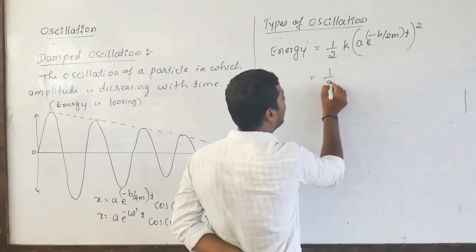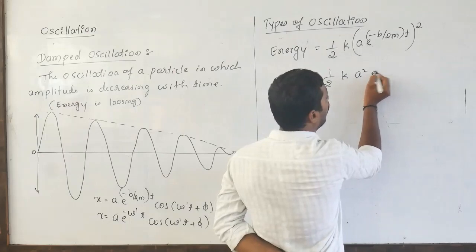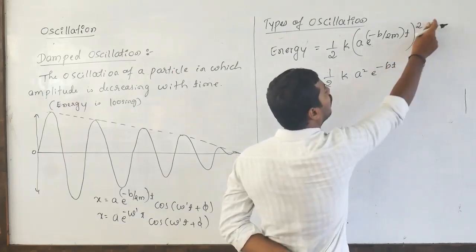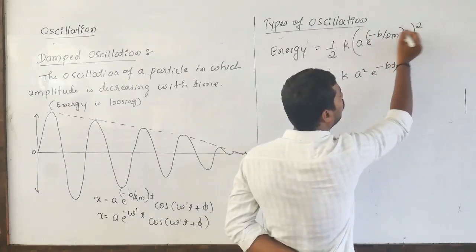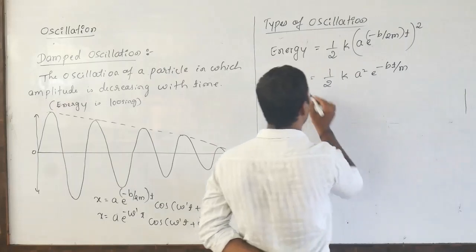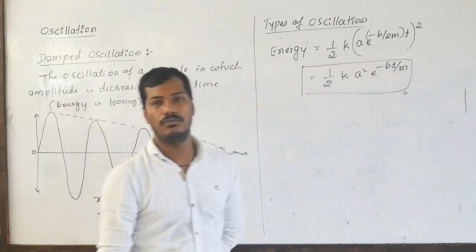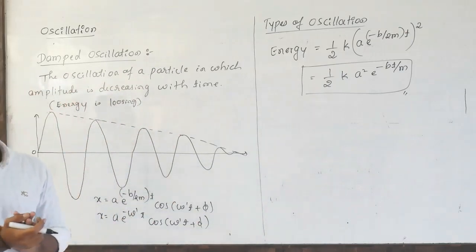If you simplify this equation, then E is equal to half k A square into e to the power of minus b into t. Here 2 is there, divided by 2m, then the 2 gets cancelled, and it becomes m. This is the total energy of the damped oscillation of the particle.